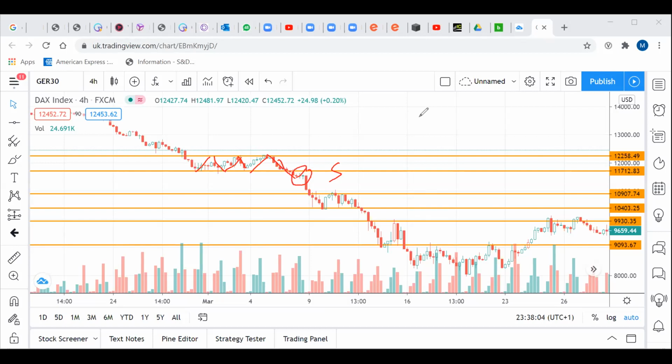So it retested and dropped. We'll do that in another color. So it retested, brighter color, and dropped. Let's see if I can zoom into that.